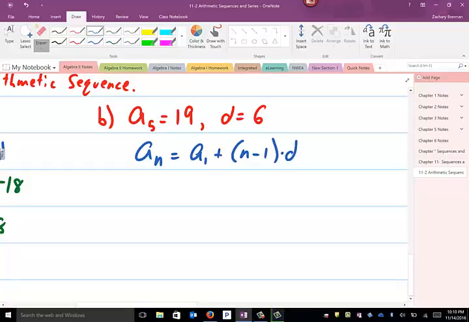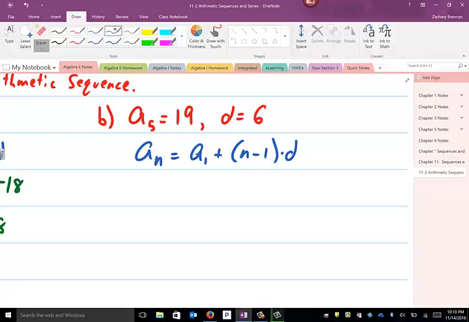They clearly give me d here. A sub 5 means they're telling me the n is 5, so I know a sub n is worth 19, and I know n, the number of terms, is going to be 5. It looks like the piece that's missing on this one is going to be my a sub 1.